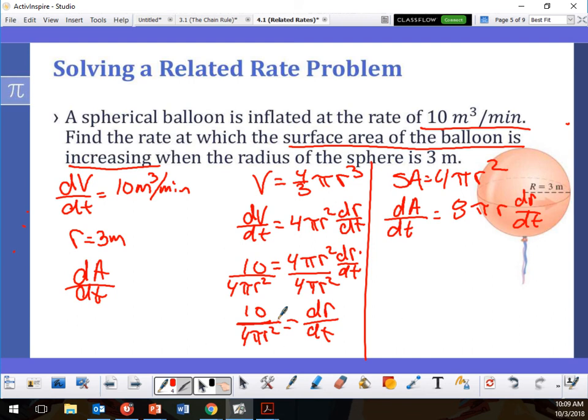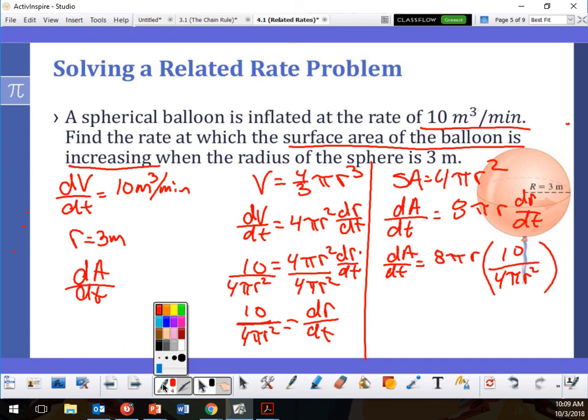Okay, so that's what's going to happen over here on this side. So it's going to be dA dt is equal to 8 pi, right? Now, when I'm plugging this in, it's going to be r times 10 over 4 pi r squared.